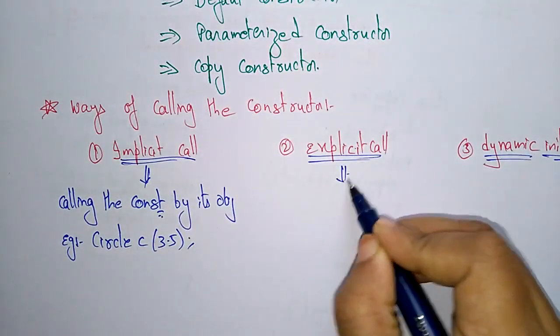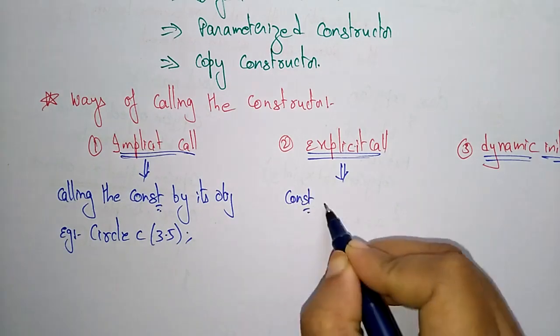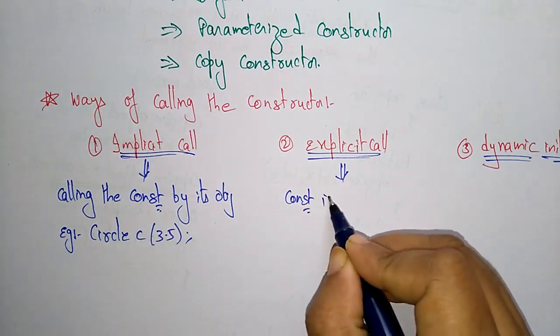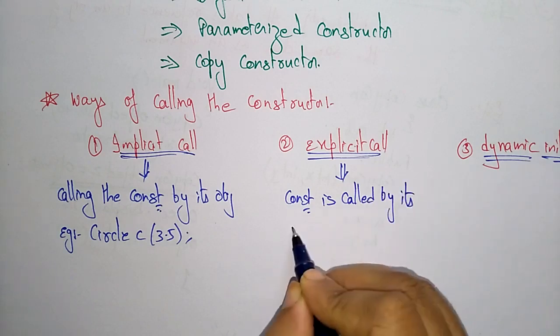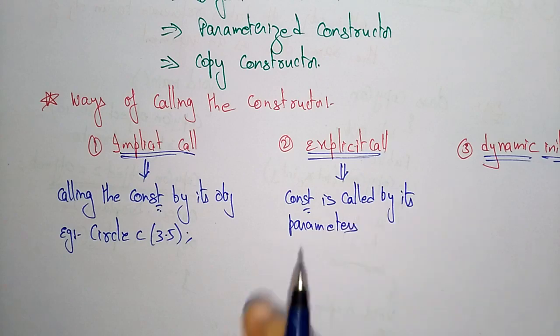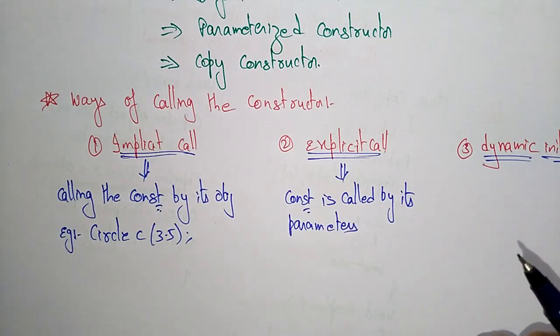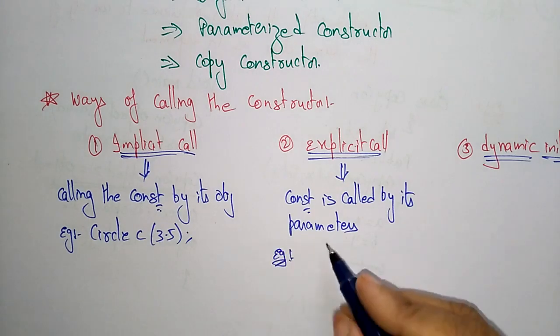So what is this explicit call? The constructor is called by its parameters. If the constructor is called by its parameter, then you call it an explicit call. Let's see the example for explicit call.